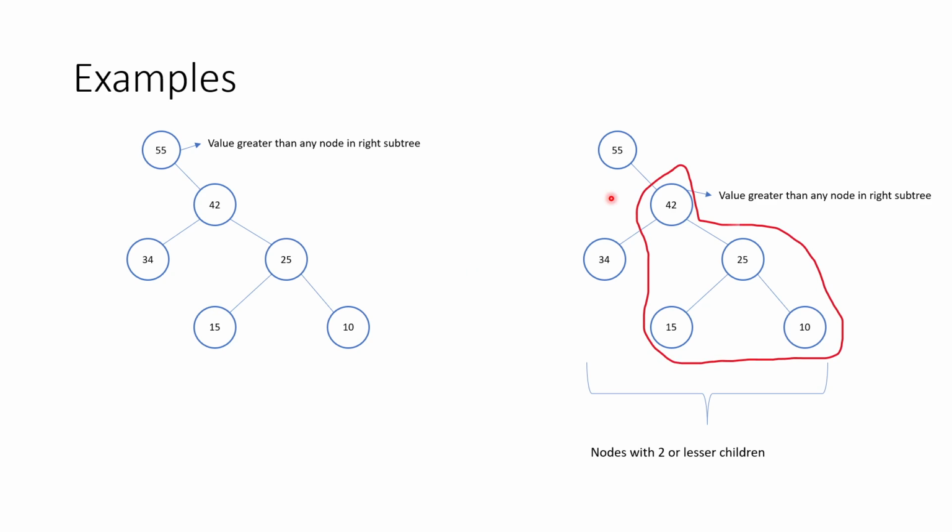And as you can see, the right subtree and the root node, which is the node with the value 42, creates a separate heap in which no value is greater than 42 in its right subtree.